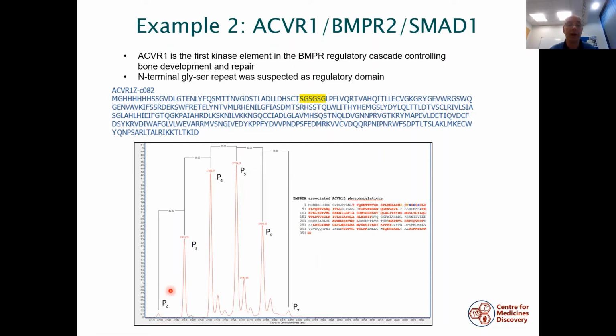This is the intact mass data, and we can see phosphorylation states 2, 3, 4, 5, 6, and 7. So we're expecting at least 7 phosphorylation sites. And this is how we map the phosphorylation onto the sequence.